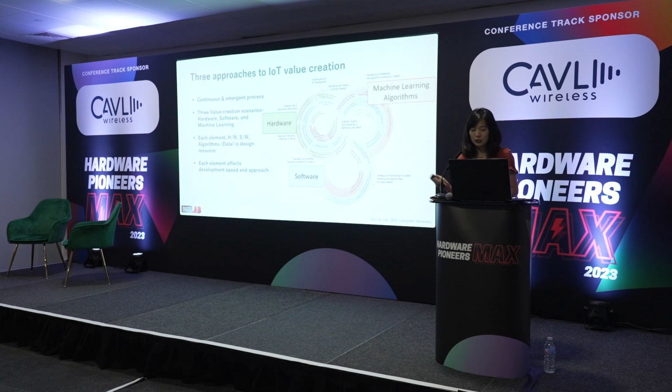It encompasses each element, hardware, software, and algorithms, illustrated with a different color legend: hardware is green, software is blue, and the data or algorithm development is a pink color. They are all used as a design resource, but because development speed and approaches are distinctive to each other, IoT development is very complicated.